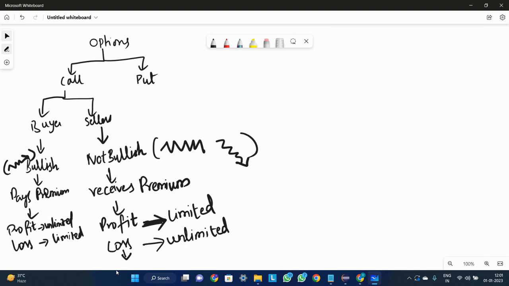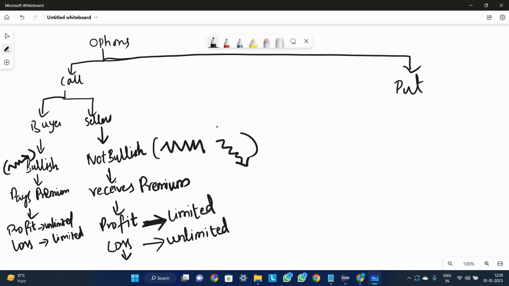Right. Now, quickly, let us understand what a put option is. So you have the call and you have the put. Obviously, even in the put option, you have a put buyer and you also have a put seller. Now, understand the narrative of a put buyer.